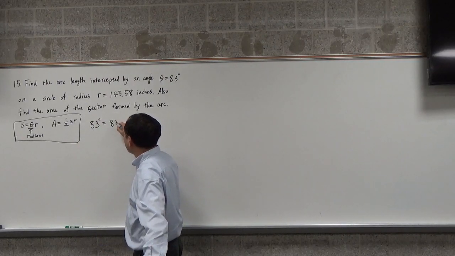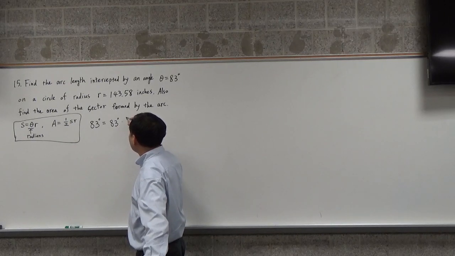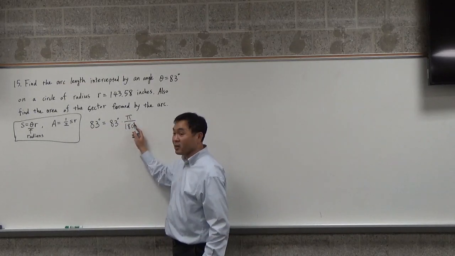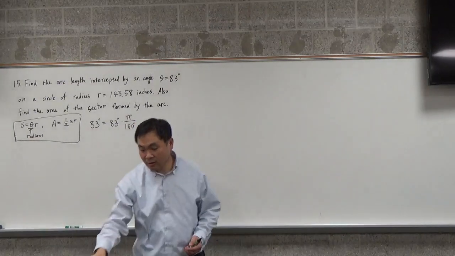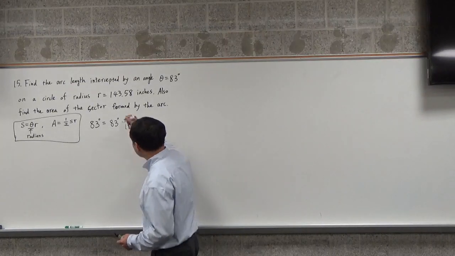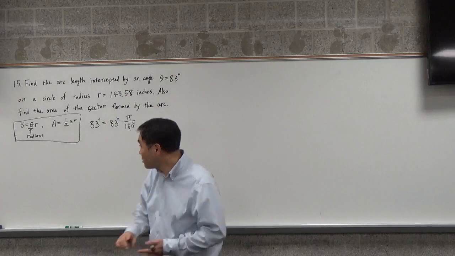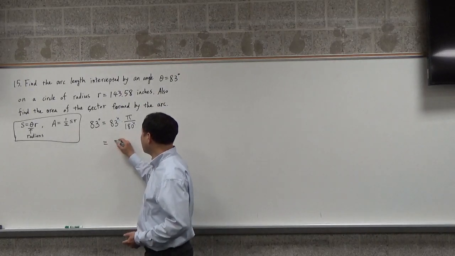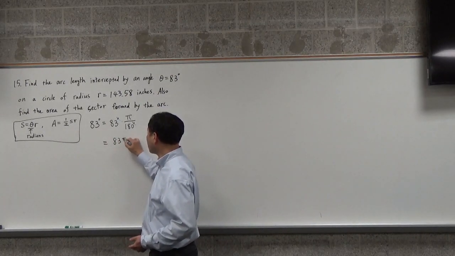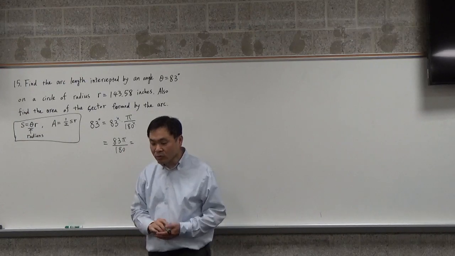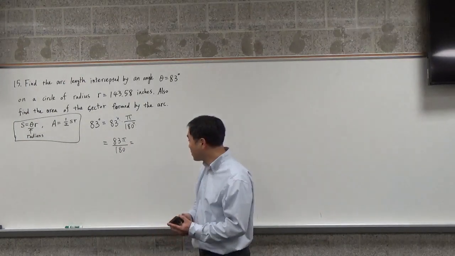You multiply it by pi divided by 180 degrees so that the degrees and degrees cancel out, and you just have to do 83 times pi divided by 180, which can be calculated by using a calculator.